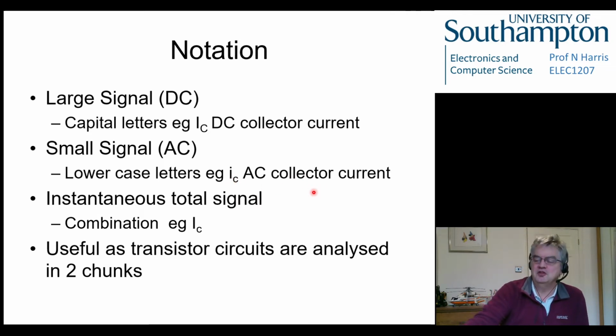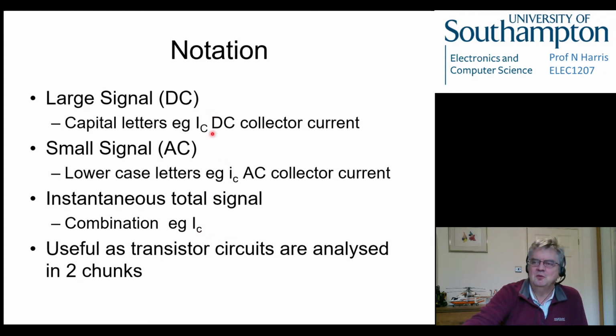And so the combination in the circuit, so it's a form of superposition, is the combination of what the DC system is providing and what the AC system is providing, and we add those together. And so if we look at the instantaneous total signal in any of these circuits, we can say that it's a combination of the DC and the AC. So we have a capital I from this bit and we have a small c from this bit. So there's some logic to it.